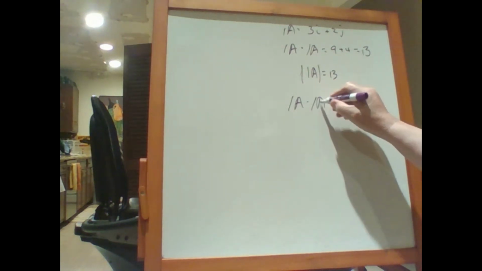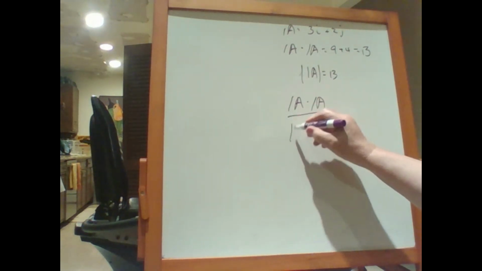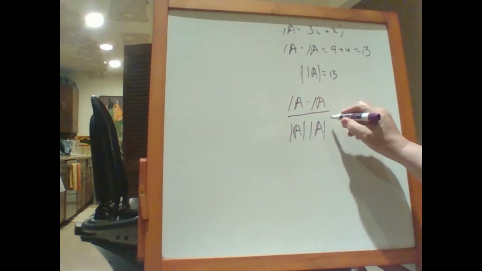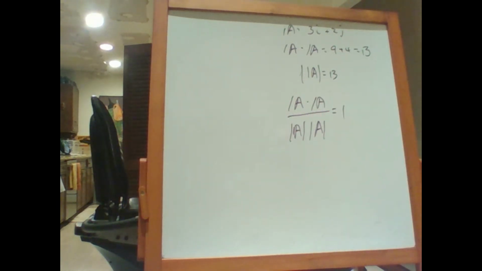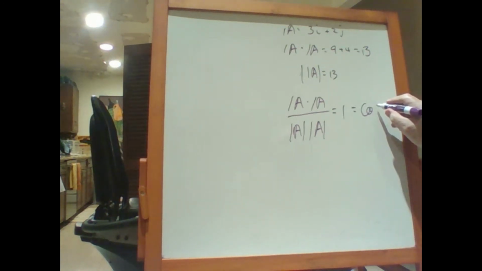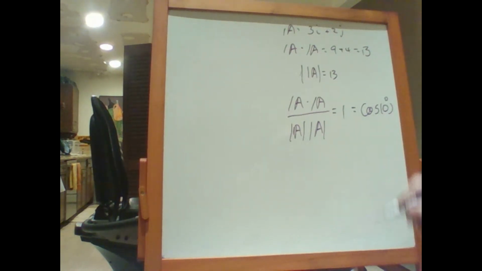So if A dot A is over magnitude of A squared, that's equal to 1, equal to the cosine of 0 degrees.